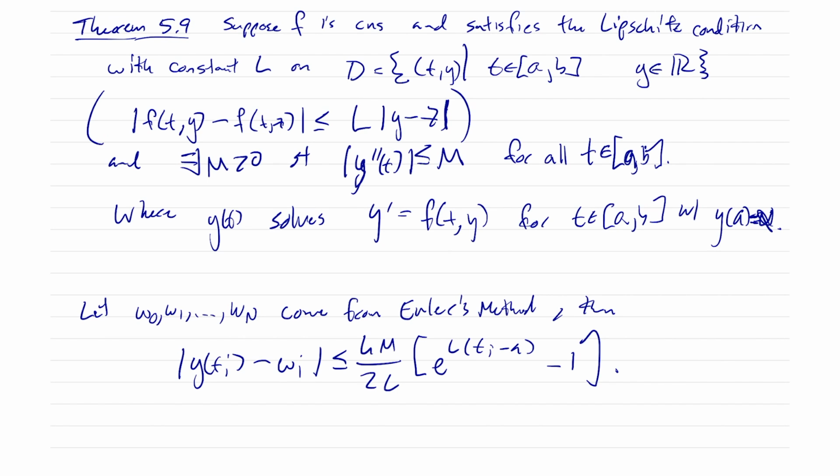Here we're implicitly assuming that we have selected a step size h, which is what we said when it comes from Euler's method. That means we had selected an h as earlier, and then we have these t_i, etc. So t_i is basically going to be a plus ih, and so this whole thing becomes ih in here.